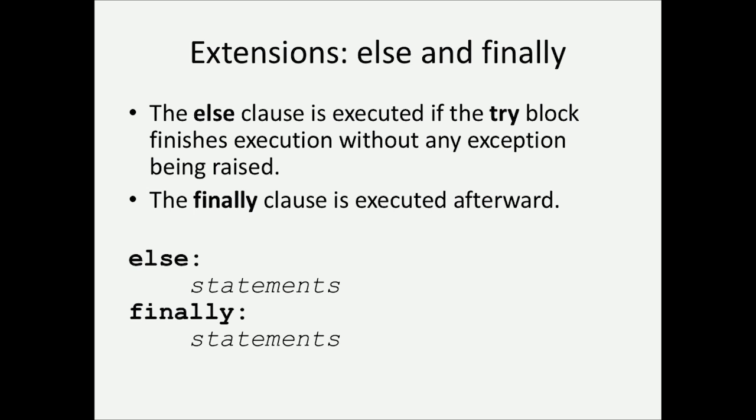If everything went right, it'll execute the else clause, which again is optional. What could that do? Well, that might just say, oh, everything's cool. It might tell the user it was successful. And then the finally clause is executed after everything else. This is part of the exception handling that will close up resources for you. So if you open files or other resources, the finally clause will close those for you.